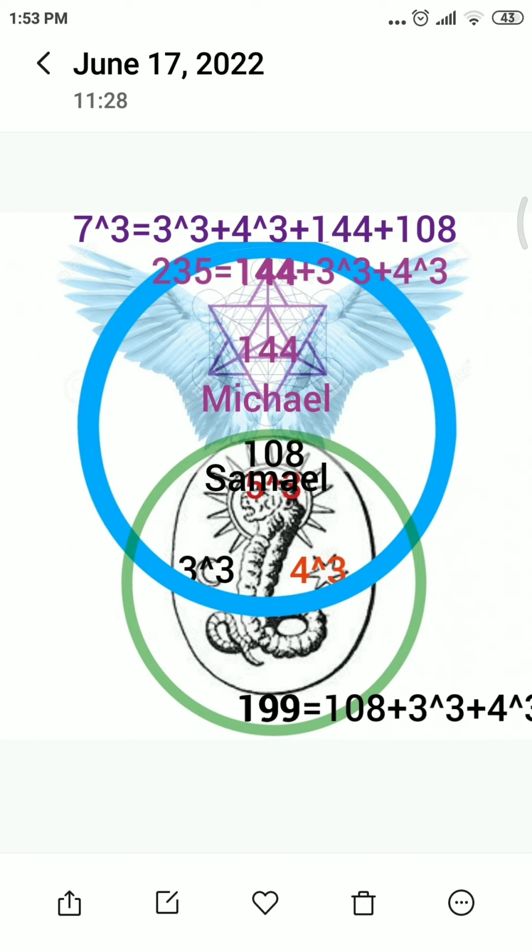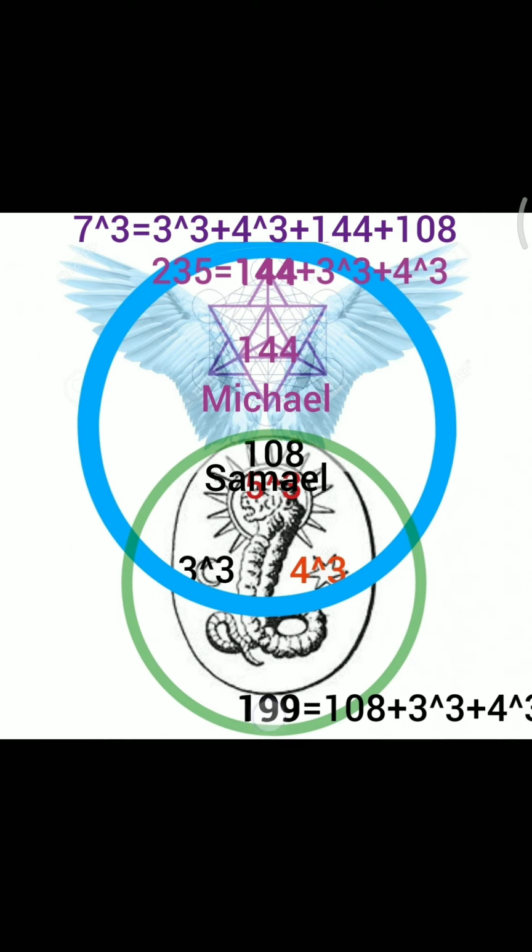So this 199 is basically this 108 Samael plus sun and moon. This guy 199 is maybe called by some other name for sure.